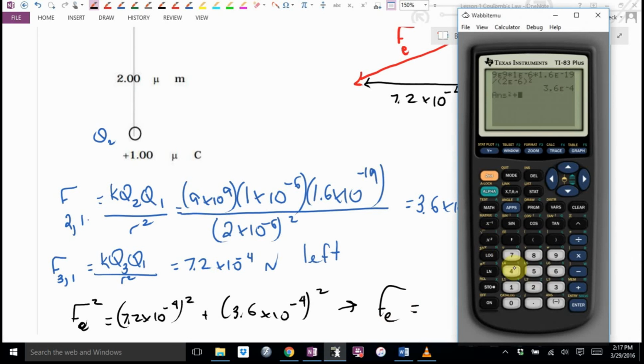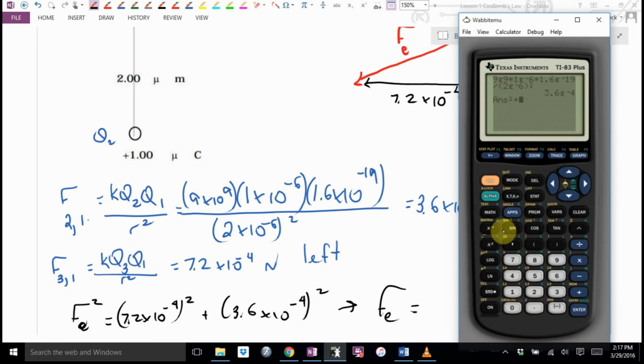The net force is going to be that number squared plus 7.2 times 10 to the negative 4 squared. Square root of that. I get 3.6 times 10 to the negative 4. Is that right, Mr. Duke?